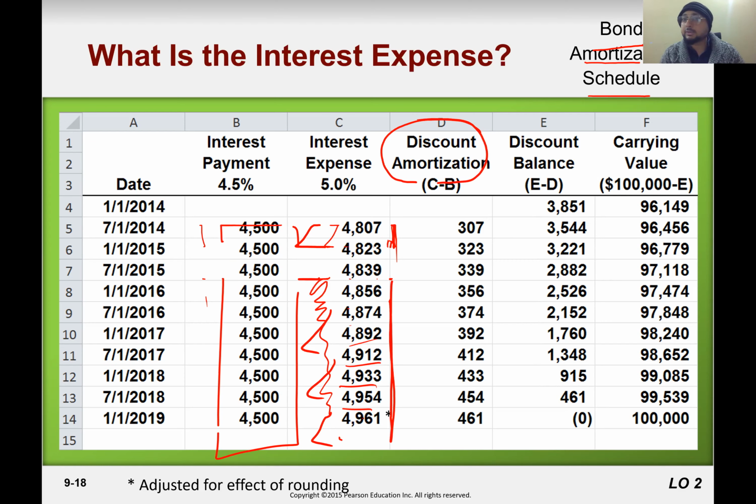So what we have learned in discount is the case when you issue the bond and the coupon rate is less than the market rate. And what is the accounting treatment?